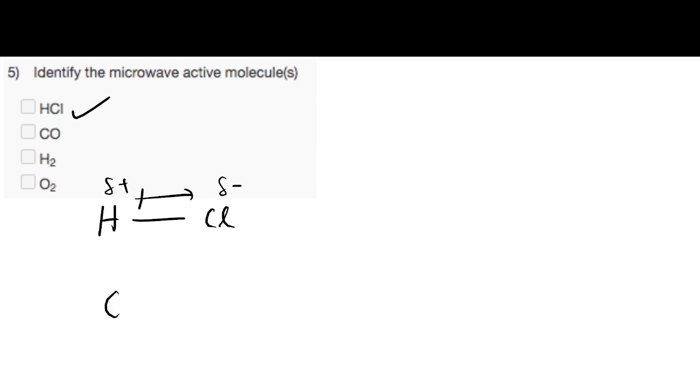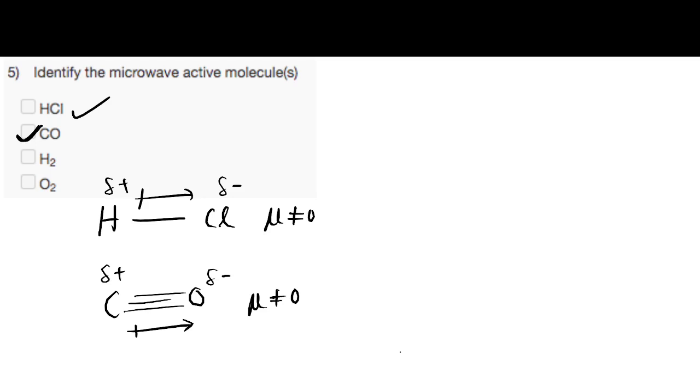Now second, CO. Again the electronegativity of oxygen is higher than carbon, so it will be delta minus, and here delta plus. Again it has permanent dipole moment, meaning mu not equal to 0. So this will also be microwave active.